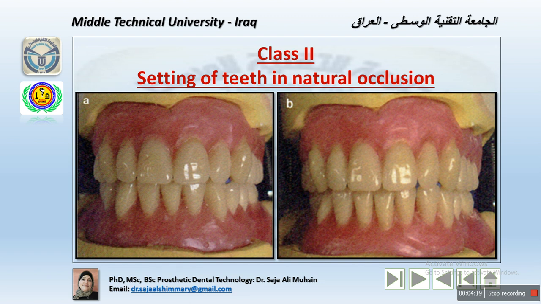Now, a class 2 setup usually exhibits reduced space for the mandibular incisors. It is better to place 5 anterior teeth. So in terms of the lower anterior teeth, as I mentioned, the setting of the upper maxillary teeth is normal, as in class 1; the difference will be in the lower teeth, particularly the anterior teeth.